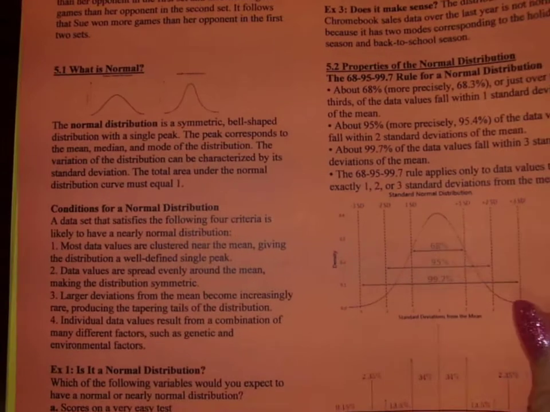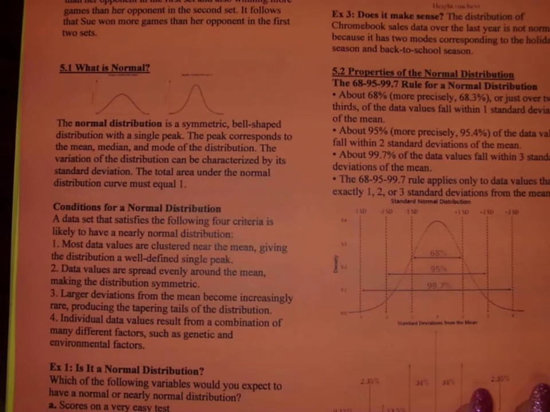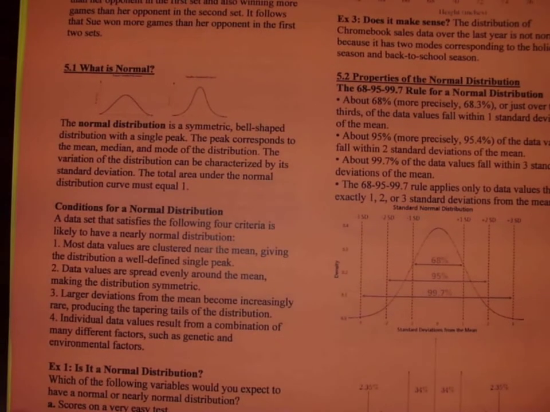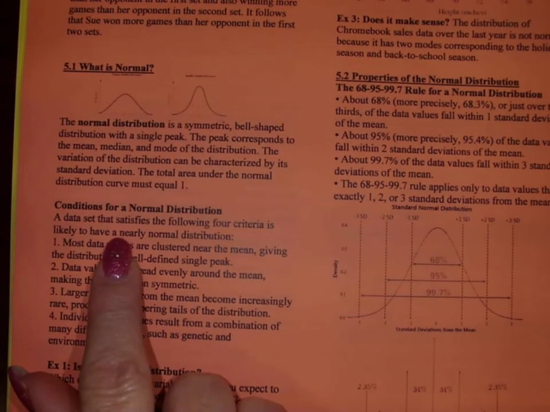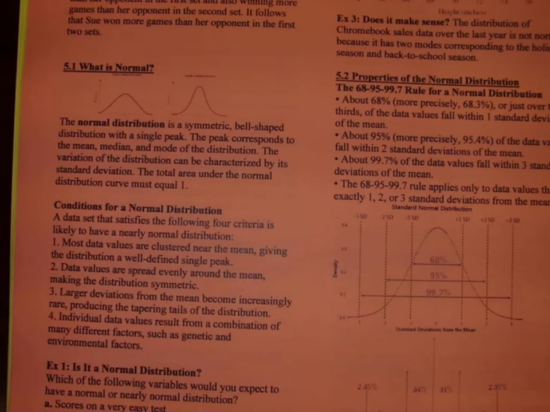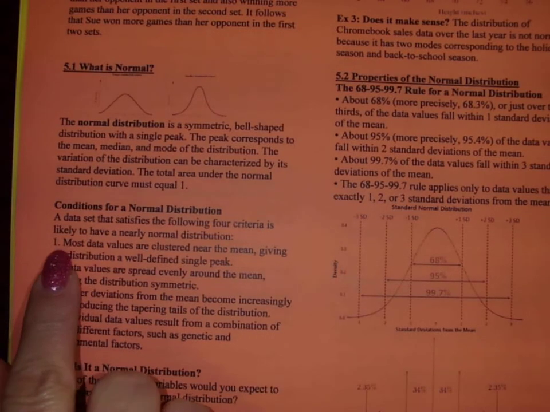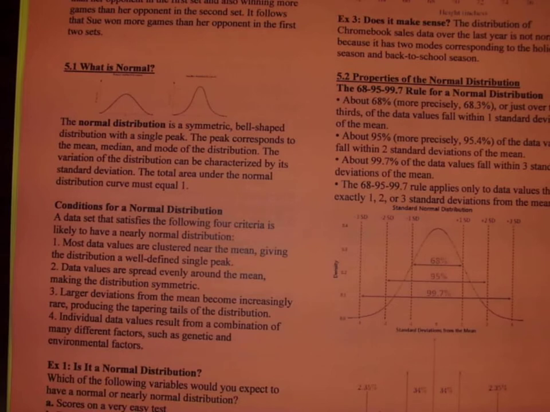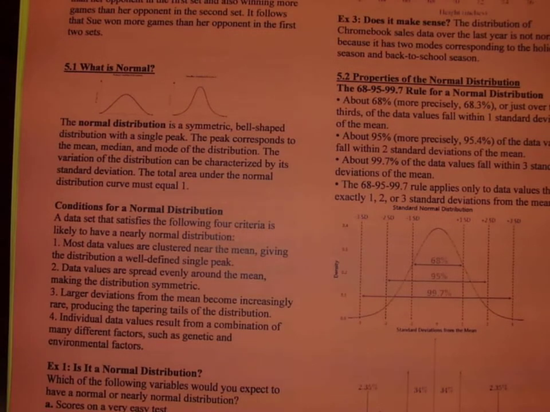All right, so there's some conditions for normal distribution. A data set that satisfies the following 4 criteria is likely to have a nearly normal distribution. First one, most data values are clustered near the mean, giving the distribution that well-defined single peak.